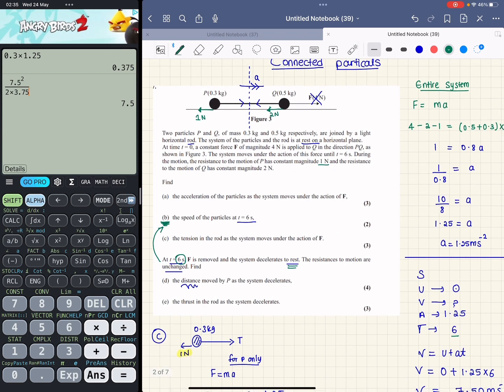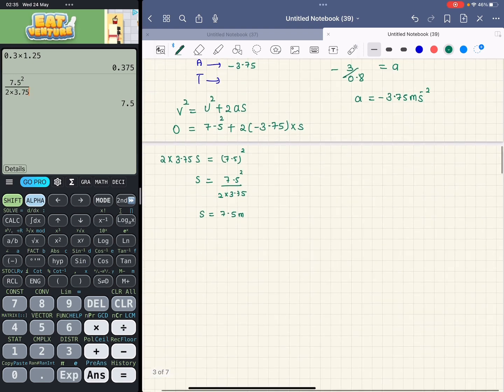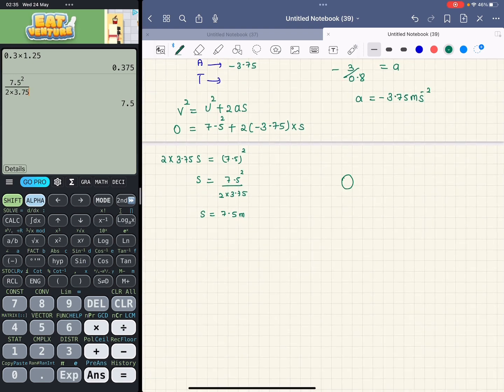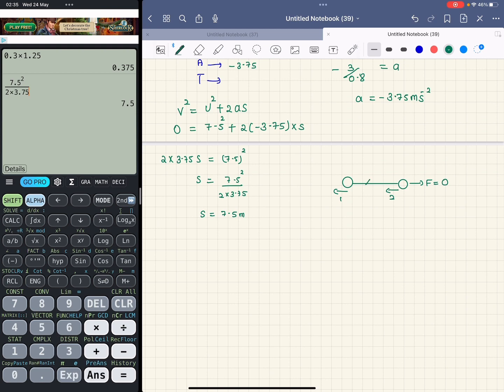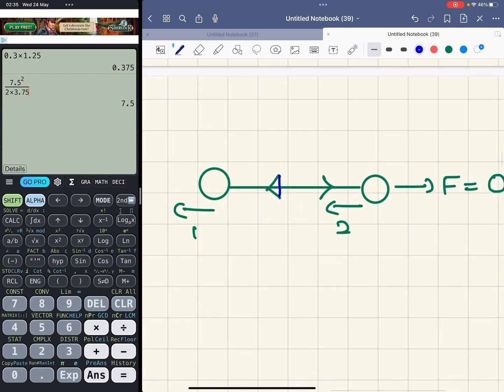Then they're asking the thrust. So now the object is decelerating, no forward force. So there's an object here, there's an object here. The forward force is 0. Here it's 2, here it's 1. But this time they talked about thrust. So I've marked with an arrow opposite side to the tension.